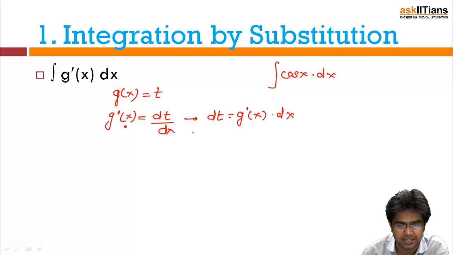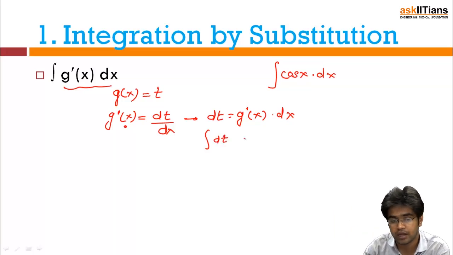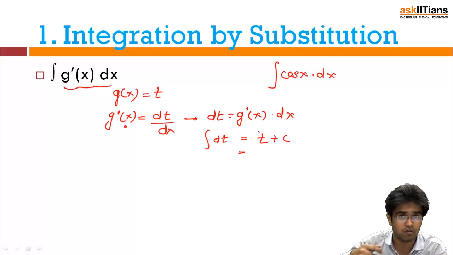If I substitute this here, g dash x dx as dt, that means my integral has now transformed from a variable x to t. Integration of dt is similarly t plus c. Integration of a constant is a variable, because differentiation of a variable is a constant, variable of first order. Now we need to do the back substitution. t was not our original variable, so if you have assumed something, then you are going to eliminate it as well.